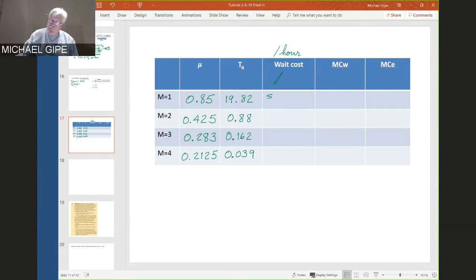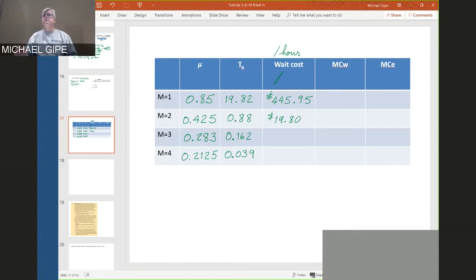That comes out to 445.95. Pretty expensive popcorn there. For 2 employees, it's 19.8. For 3 employees, the waiting cost is $3.65, and for 4 employees, it's 88 cents per hour.